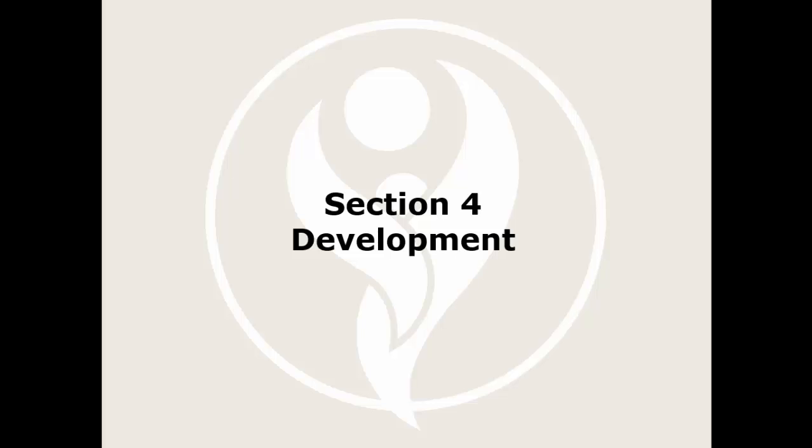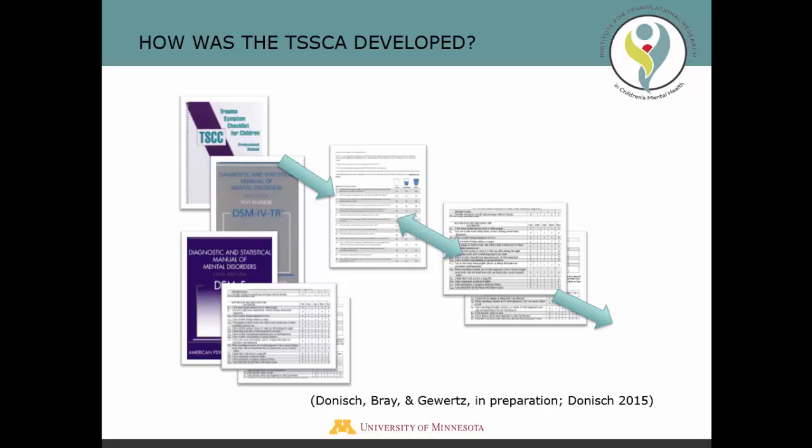Section 4. Development. The TSSCA was developed using an item response modeling approach using the University of California's Post-Traumatic Stress Disorder Reaction Index. The UCLA PTSD-RI is the gold standard assessment measure for PTSD in children and adolescents.